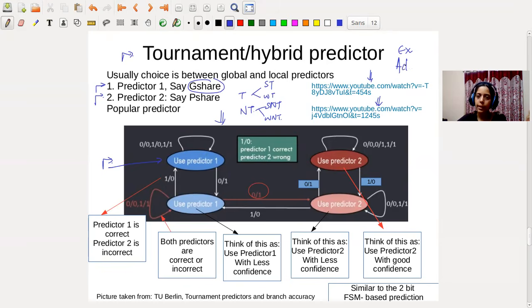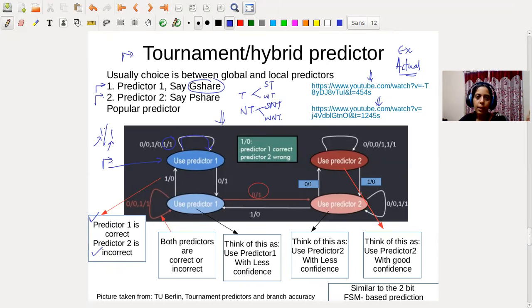That is, you will find the actual outcome. And when you find the actual outcome, let us say we figured out that predictor 1 was correct and predictor 2 was incorrect. Then what you do is, this 1/1 means predictor 1 was correct and predictor 2 was correct. Both are correct. So then we continue in the same loop. That means we continue using the same predictor.